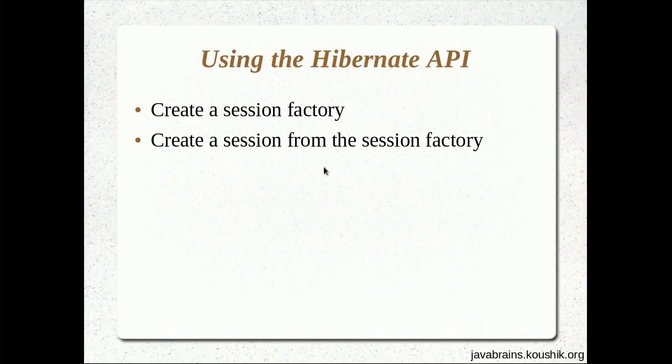You will create sessions from the session factory, and then once you have a session, you will use that session to save model objects. In this case, it's a save. It could be any other database operation. You would use the session object. So these are 3 simple steps that we will write right now.